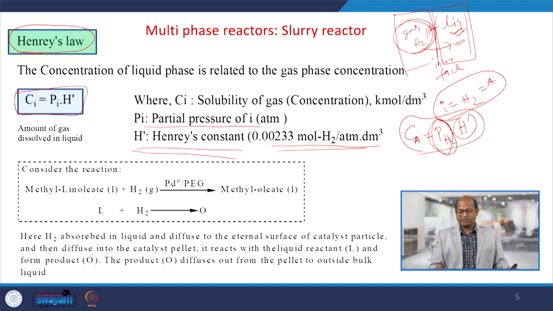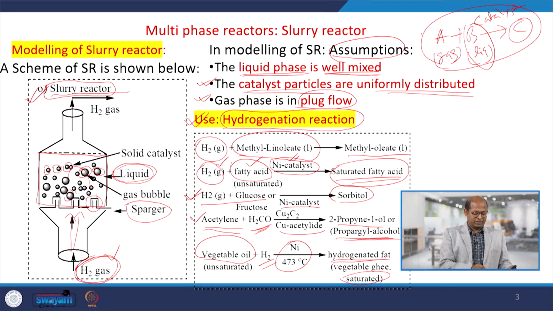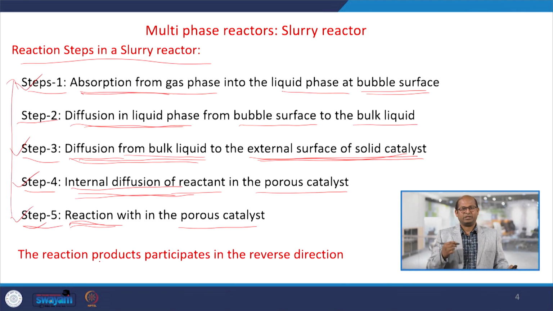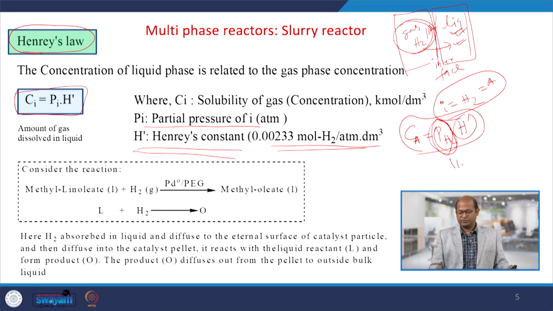With that partial pressure, let us say here we are supplying gas with a hydrogen pressure equal to 10 bar. We are supplying hydrogen at 10 bar into the reactor. So here we have to use 10 bar or 10 atm, and then multiply by H prime.